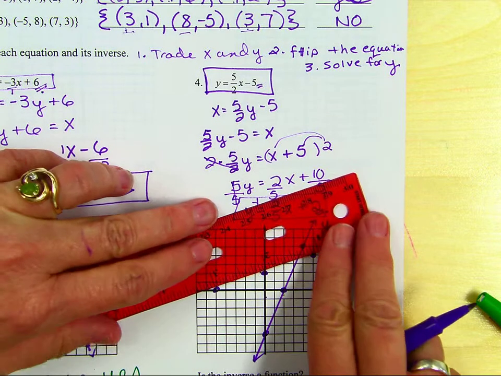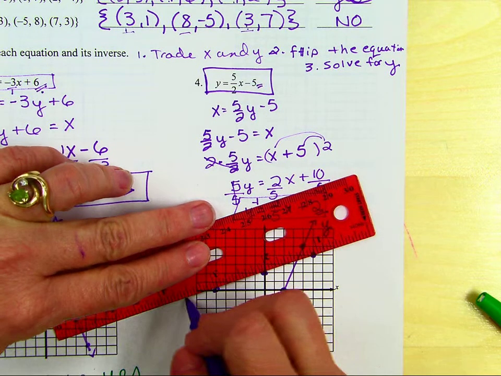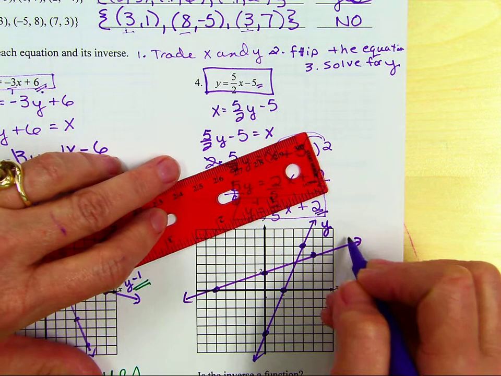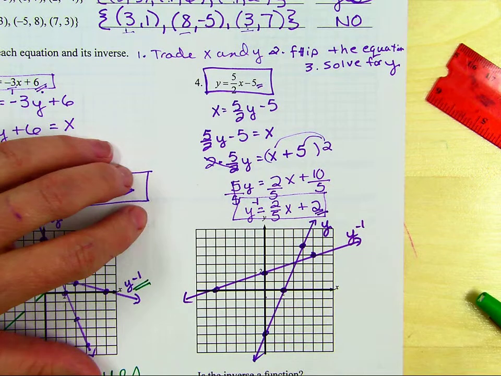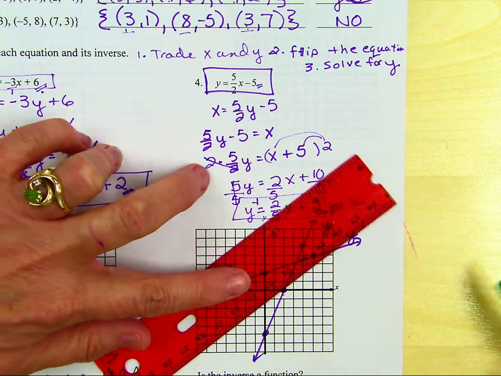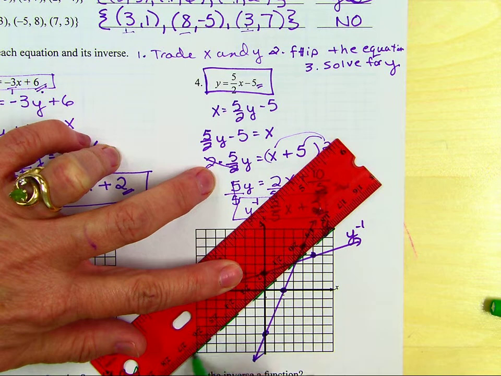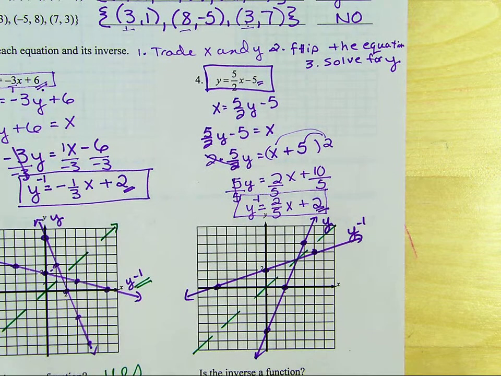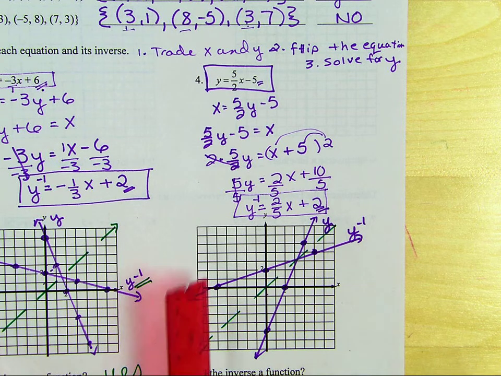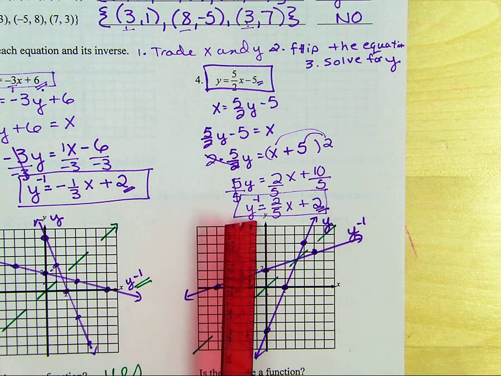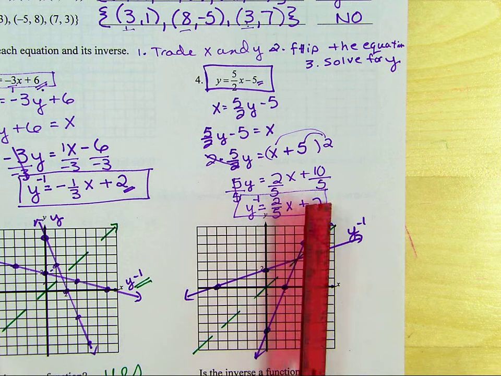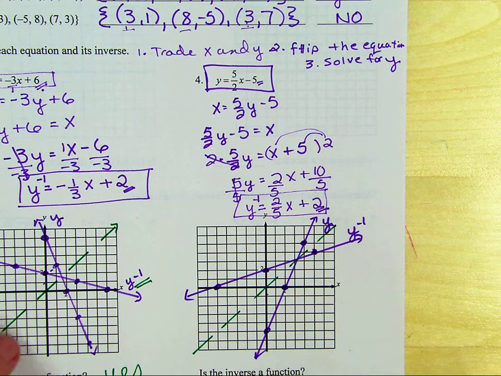And again, just like before, if I drew the line y equals x, it would show that the inverse is the reflection of the original. Okay, so for y inverse again, if I check each x value, only one time does it hit the line. So that's an example that the x's do not repeat, and yes, the inverse is a function.